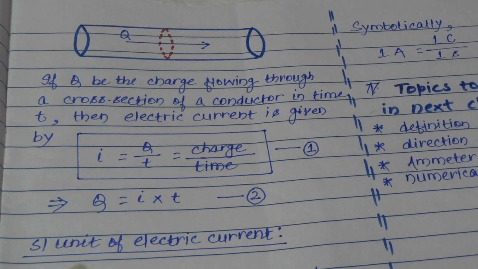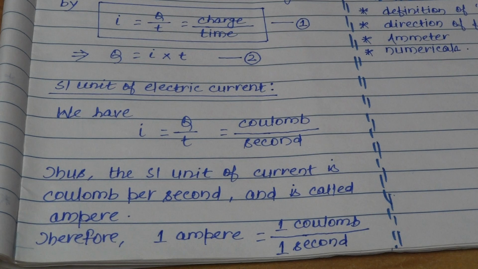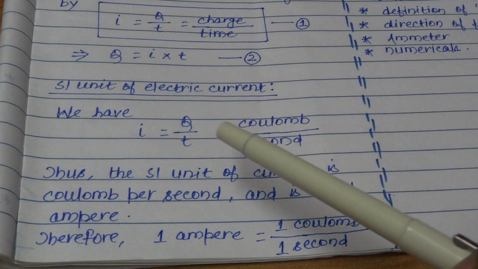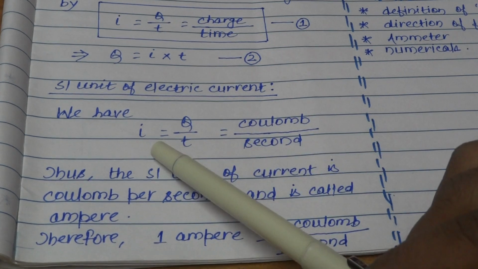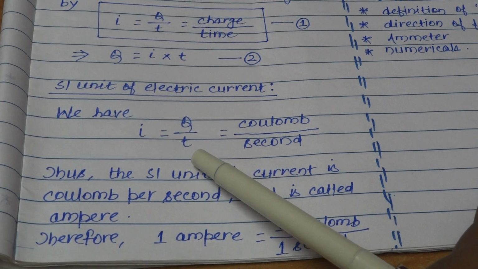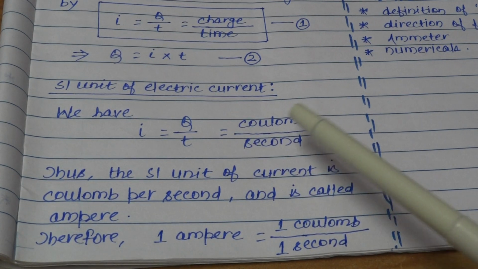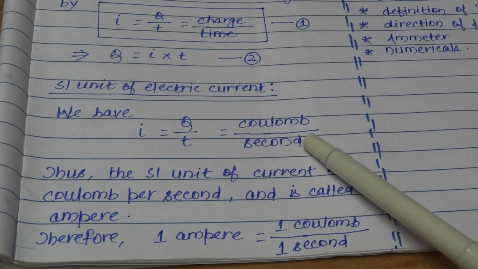Now, SI unit of electric current. We have formula for electric current as electric current equal to electric charge divided by time. Now, the SI unit of electric charge is Coulomb and the SI unit of time is second.